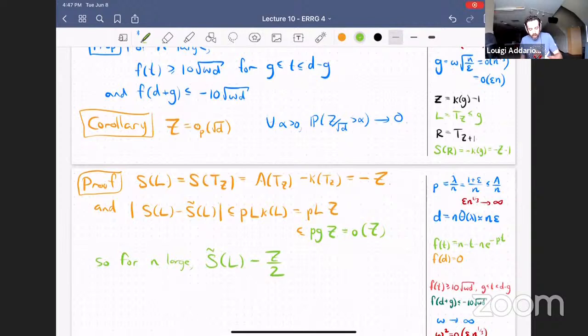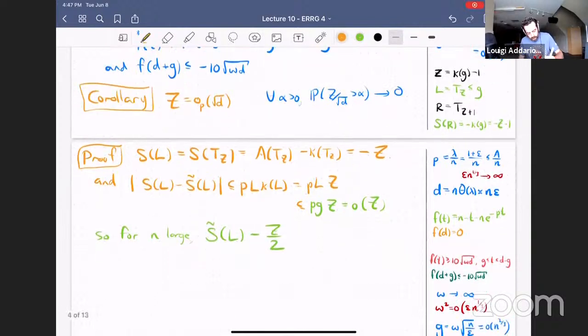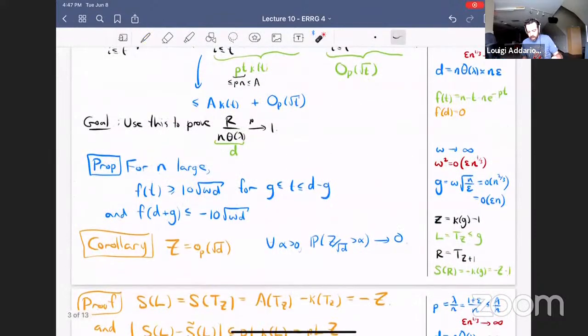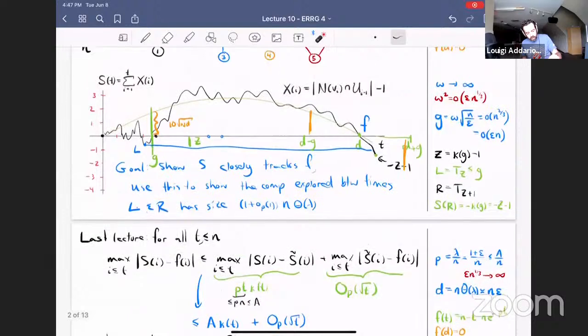Okay, but we also know that f of L is positive, right? Because L is less than G, which is much less than D, and D was the first time after time 0 that f becomes negative.